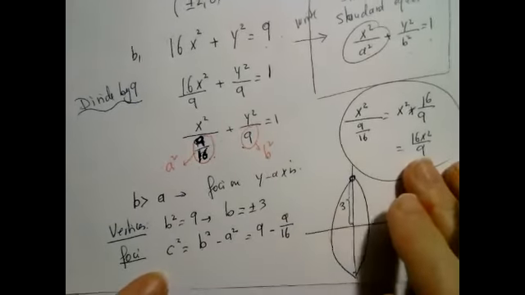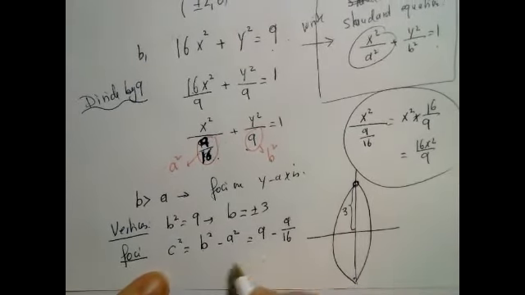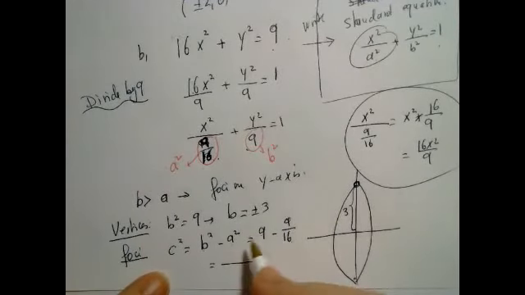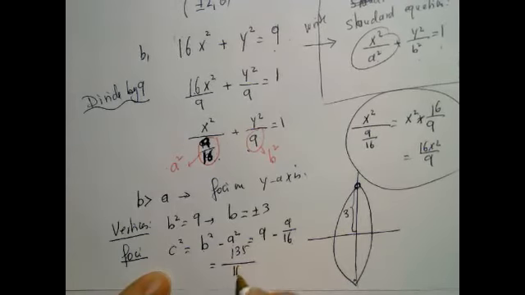And now I do a little bit of math here, and this is equal to 9 times 16 minus 9, which gives me 135 over 16.